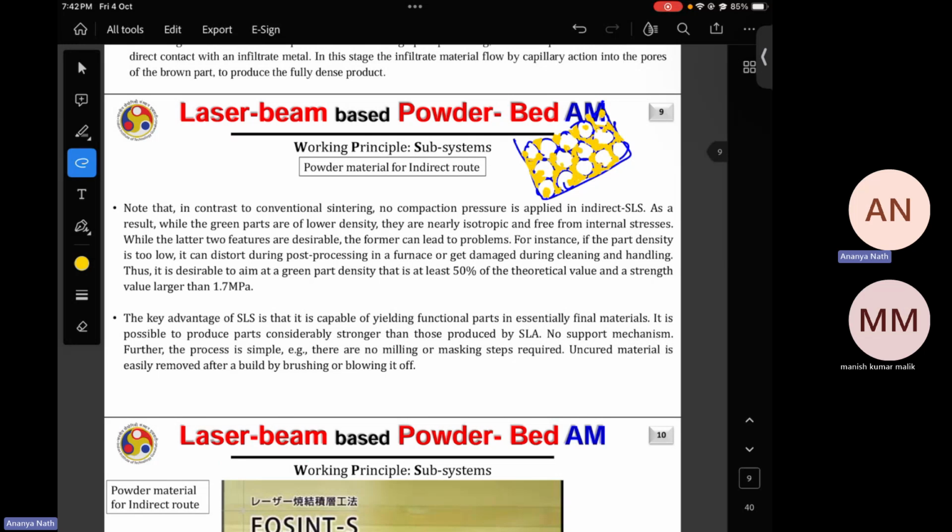So then it is called a green part, and after that, the green part will not have that high strength. So then you can go for some heat treatment process, some post processing, where you can put this sample in the furnace so that the glue along with the powders can get hardened, their bond can get hardened up.